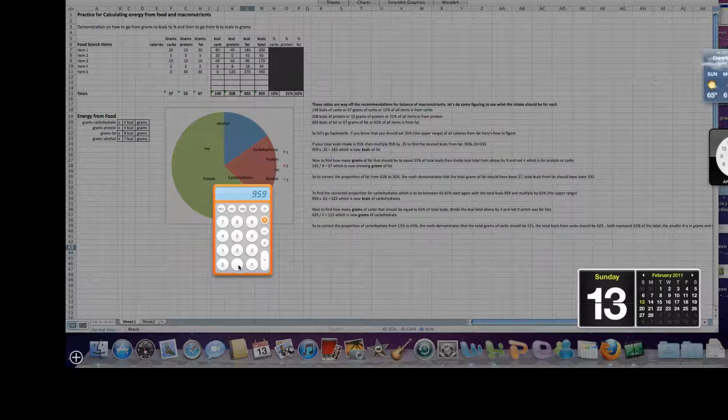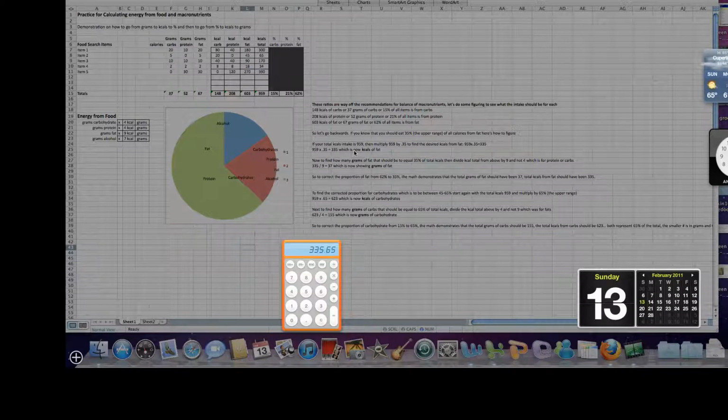959 times 0.35 equals 335, and you can just round to the nearest number, round up or round down, and that's what we get. So now we've got how many kilocalories of fat we should eat at 35%, but now we need to know how many grams.